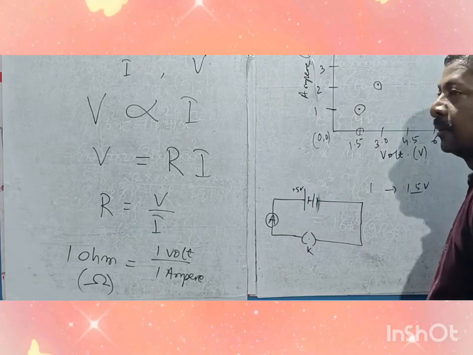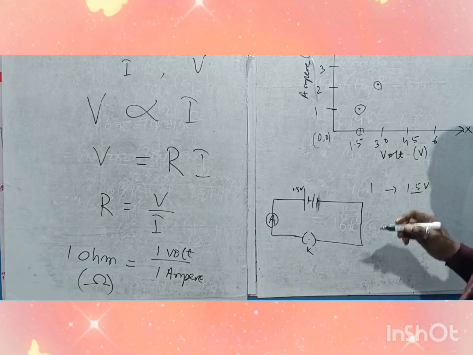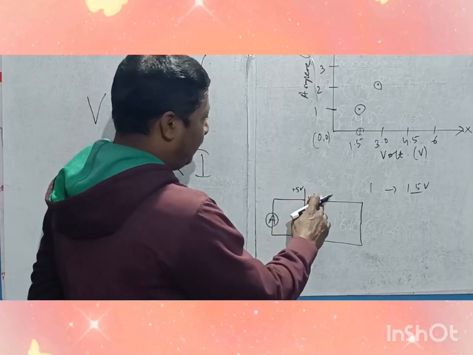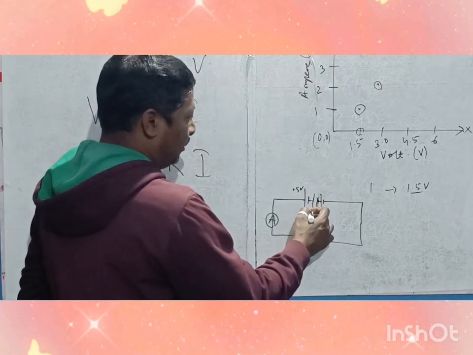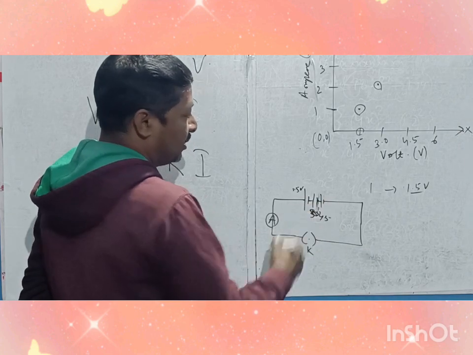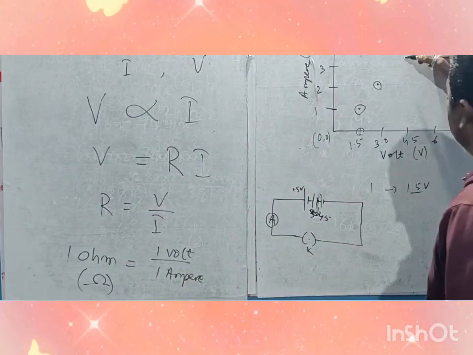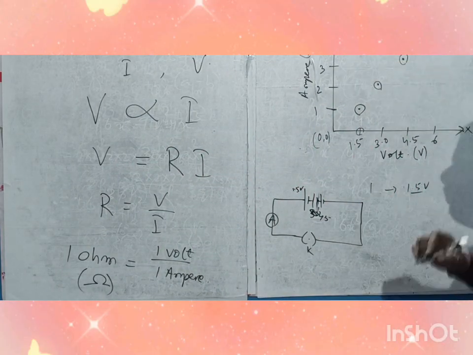Okay. Similarly, practically doing the experiment, you can find this. Suppose I am adding one more cell. It becomes 4.5 volt, having 3 cells, each of 1.5 volt. It will show systematically 3 ampere.